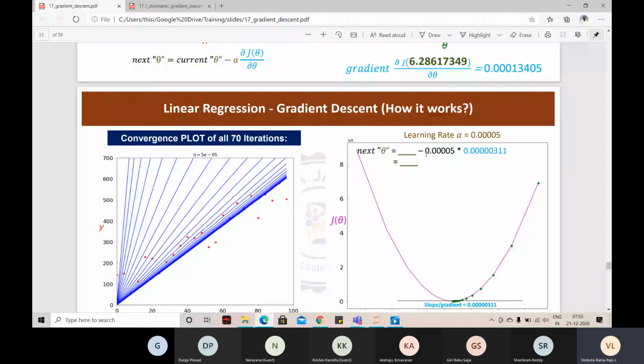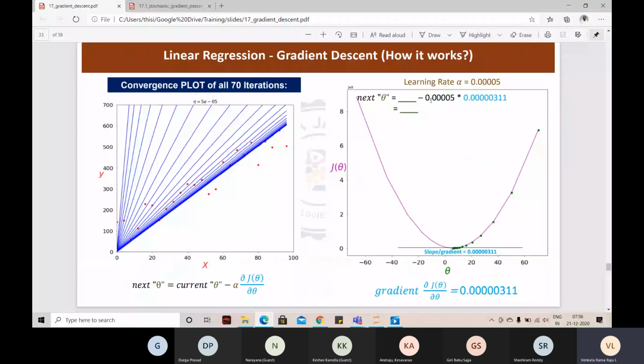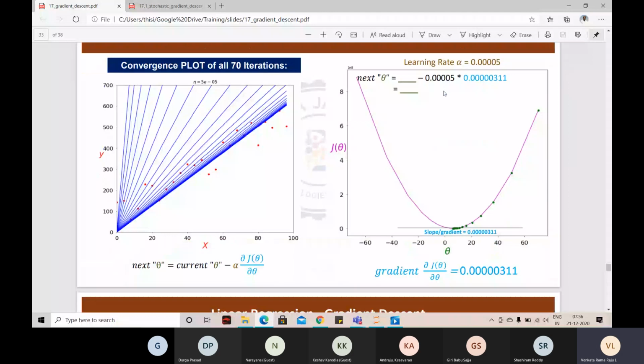The concept I am talking about here is going to be there throughout your AI career. In deep learning, this is what we do. If you understand gradient descent, deep learning is very simple. If you don't understand gradient descent, deep learning is very complex and you don't know what's happening. Many people call it a black box, but we'll see it's not as black as people say. So you need to choose this very efficiently.